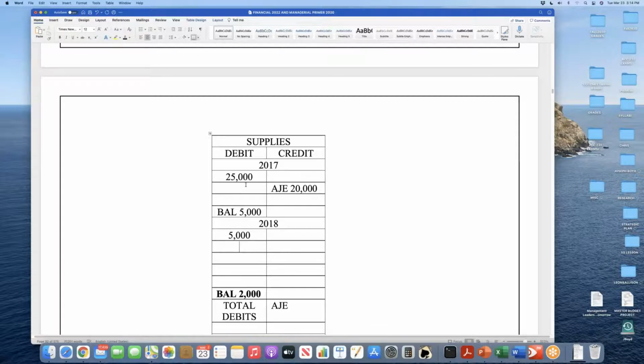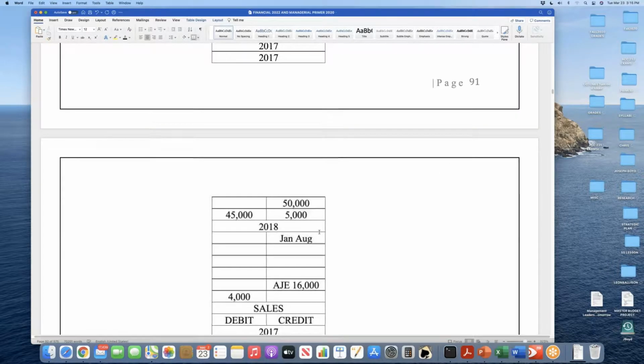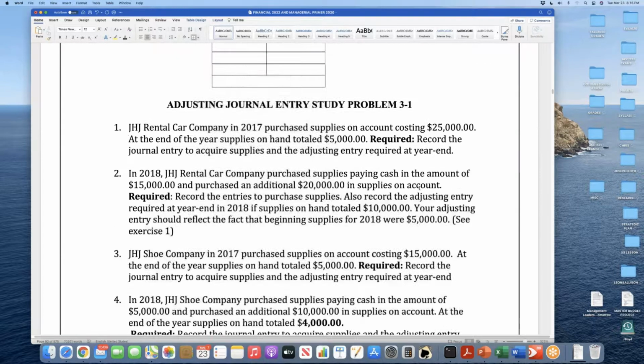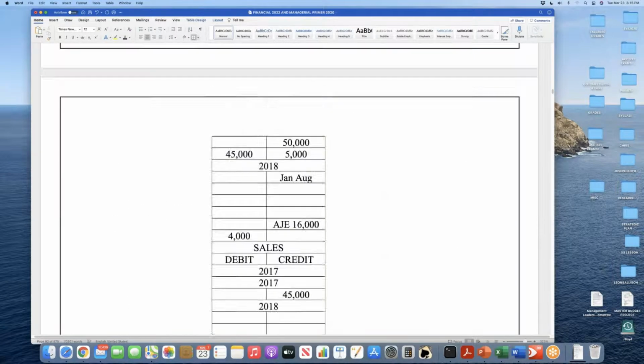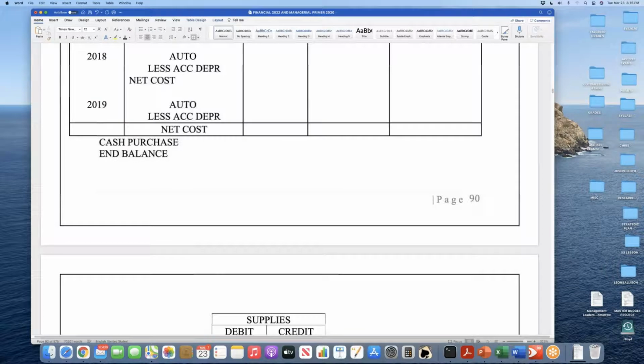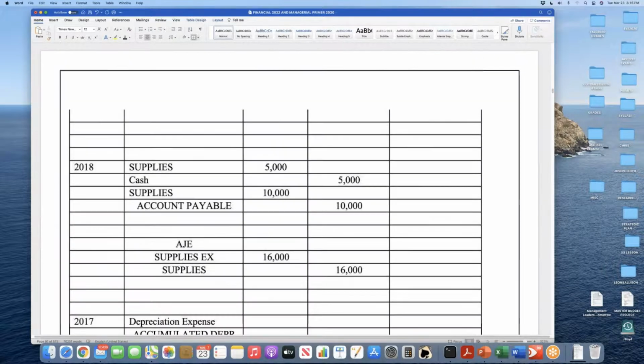Now, what transactions do we have? It says in 2018, we paid cash of $15,000 and we purchased $20,000 in supplies on account. So $15,000 and $20,000.